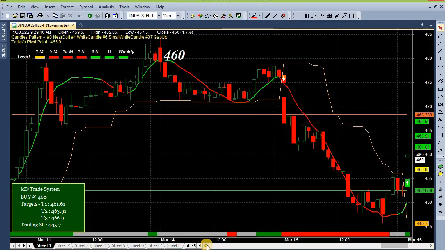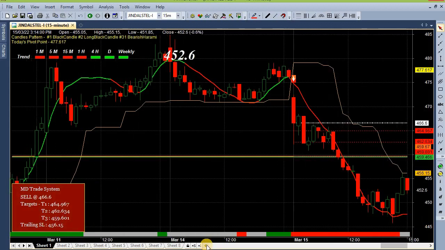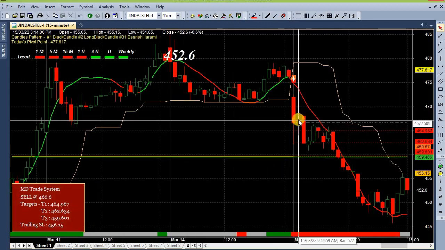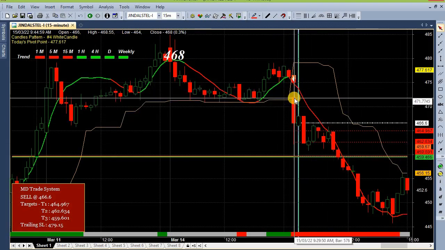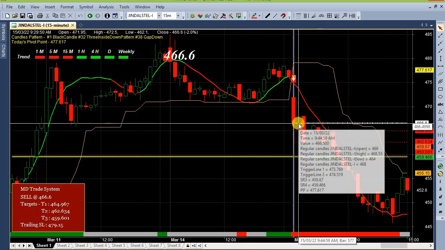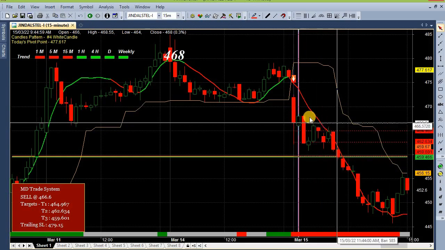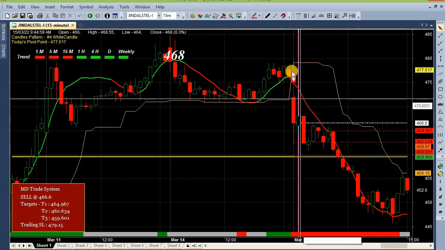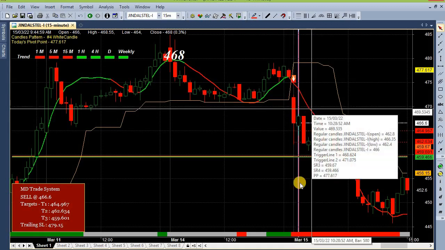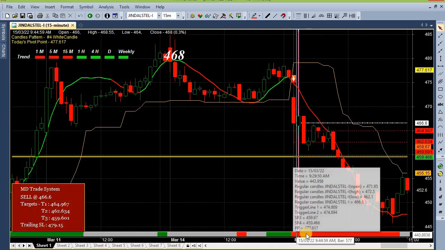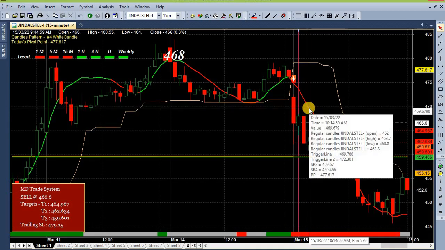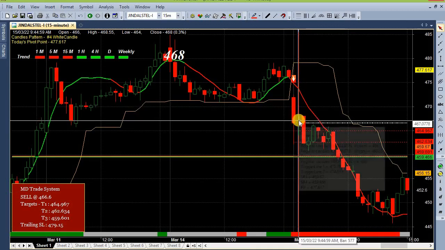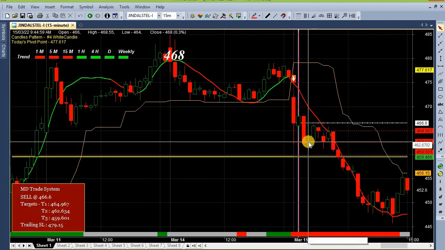Let me show you one more call. This is a sell call. You can see the call was generated at this point. My entry was the opening of this candle, and at this point I checked that the trend line is in my favor and my volume bar was also in my favor. So both conditions were satisfied, I entered this call, and it perfectly gave the targets.